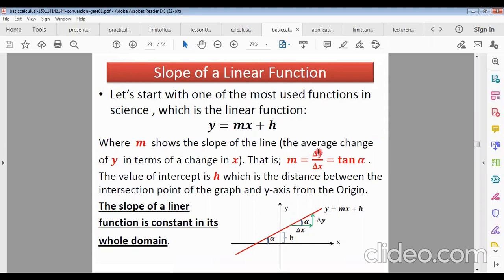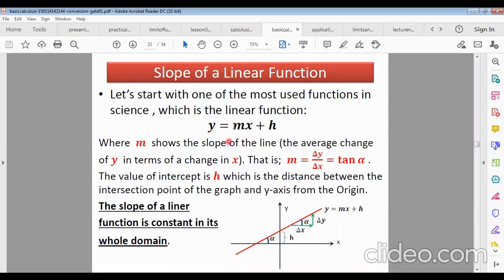So the y-axis run divided by the x-axis run, what will it be? Tan. Perpendicular by base means what? Tan. So m can be written as tan alpha geometrically, but in calculus we can write it as a rate of change. This is why it is called slope. The slope of a linear function is constant in its whole domain.